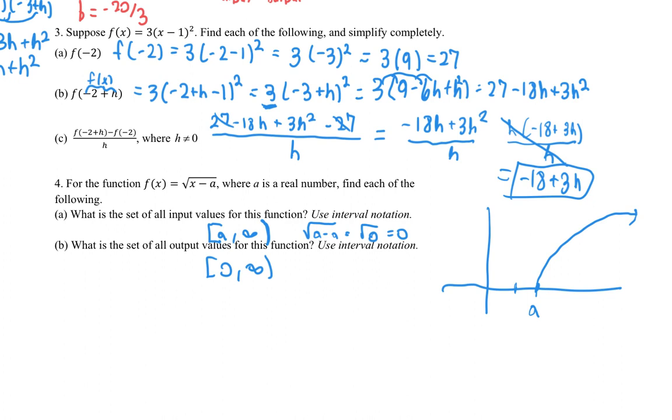For the set of output values, those are the values we get out of it. Well, I just showed that we can get 0. That works, so we include 0. And then anything bigger, you can figure out what you need to plug in to equal it. So you'll reach every positive number, but we won't get any of the negatives.